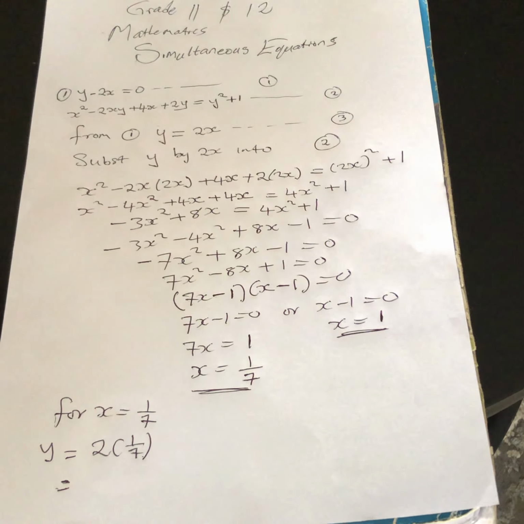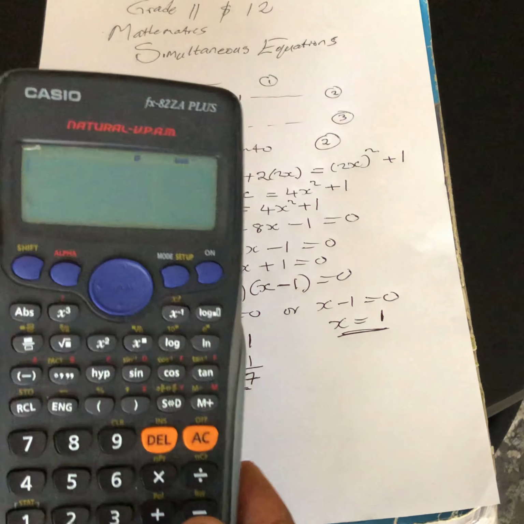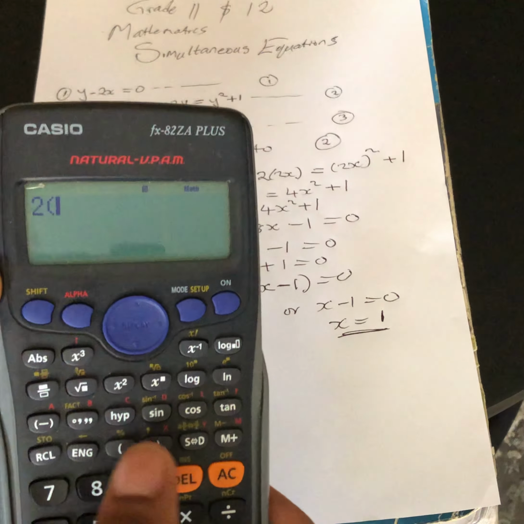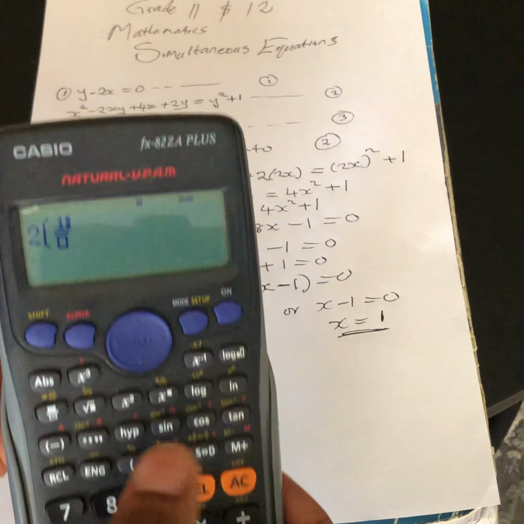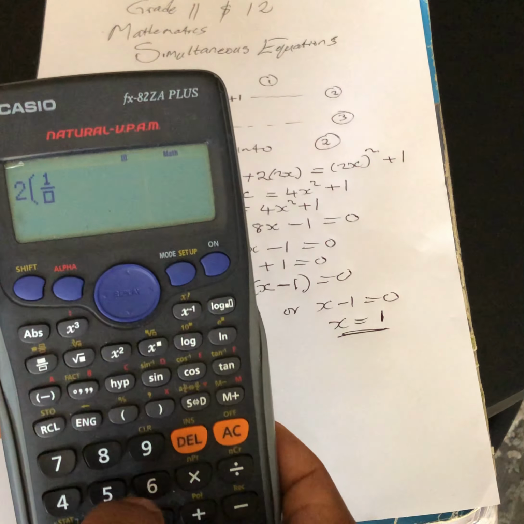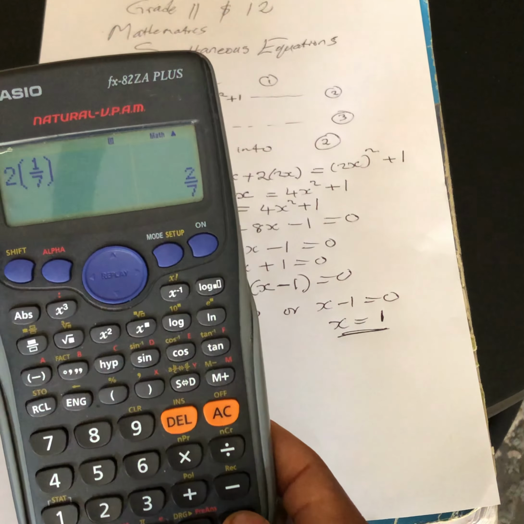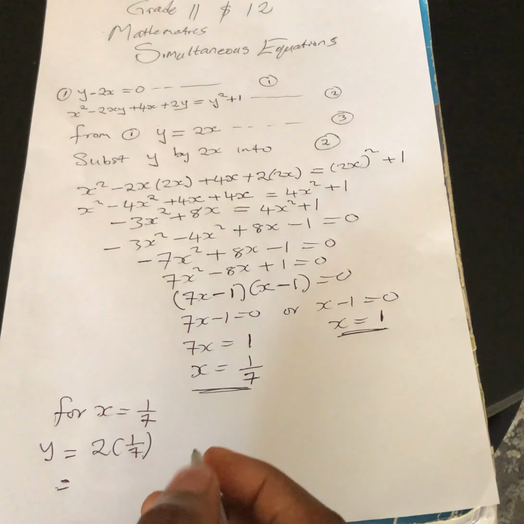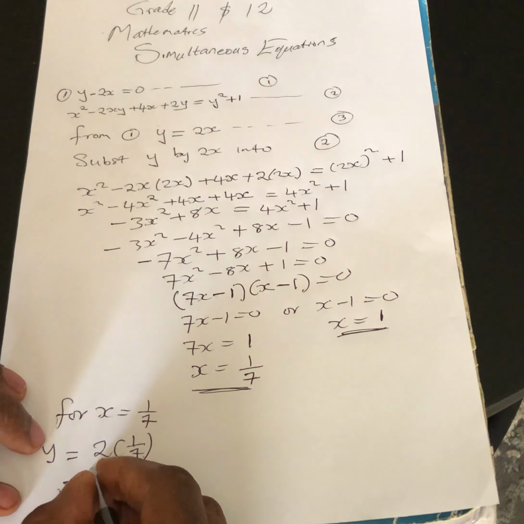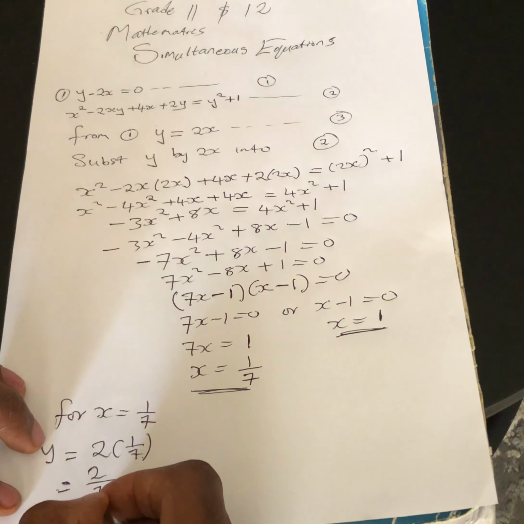Use a calculator to say 2 multiplied by 1 over 7. The answer here is 2 over 7.